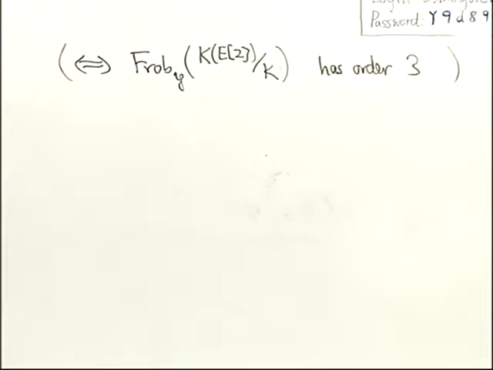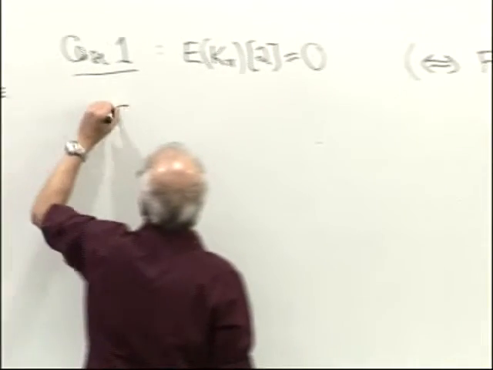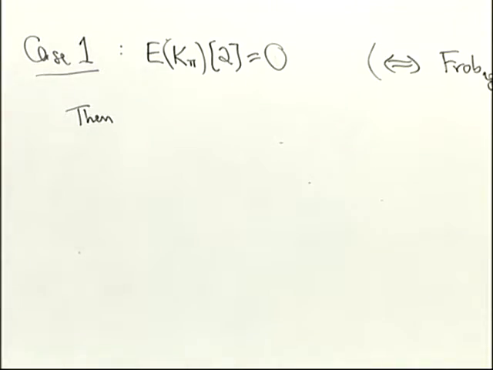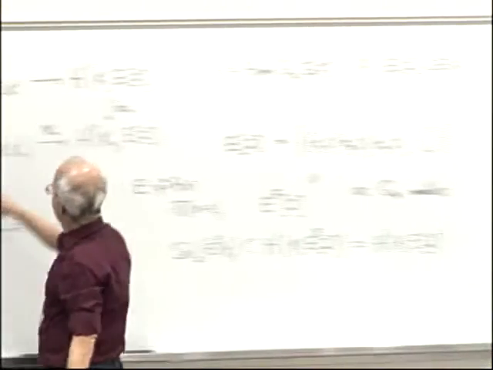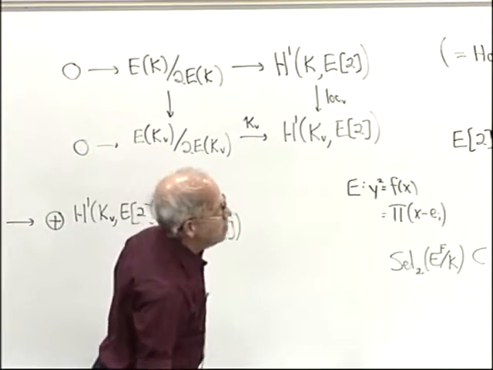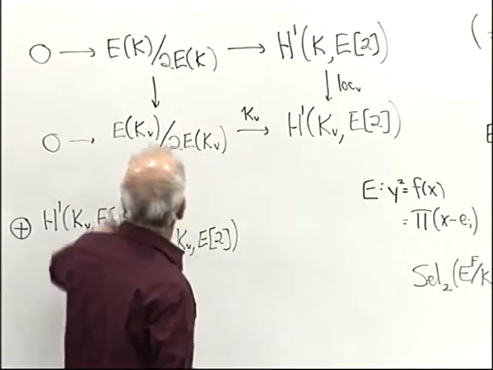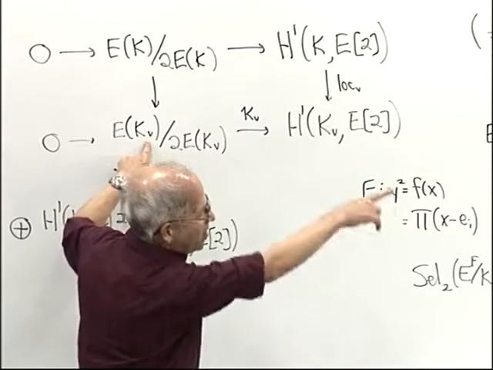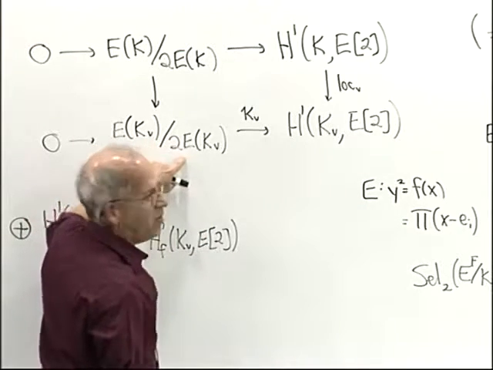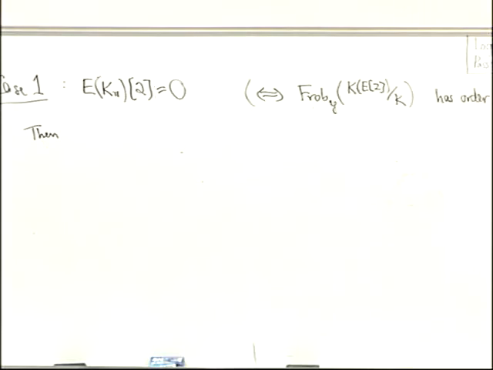But when this does happen, you can check that, well, actually, if you go back to this picture, E of K_v has no 2-torsion, and E of K_P has no 2-torsion. And P is different from 2, because we said pi was 1 mod 8. So in fact, E of K_v is 2-divisible. And this quotient is 0.